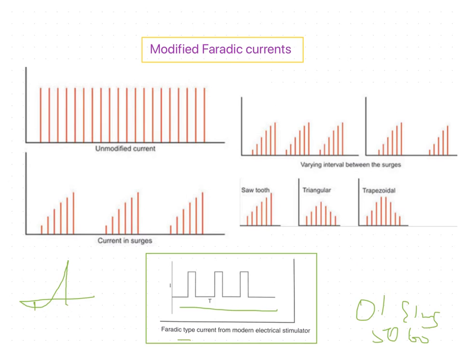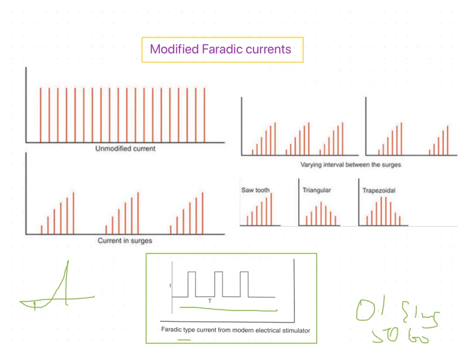The electronic stimulator for the production of Faradic type current works on the same principles as the interrupted direct current. But the resistances controlling the duration of impulses and the intervals between them have a very low value to give the required duration and repetition rate.